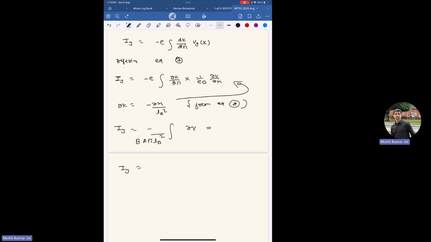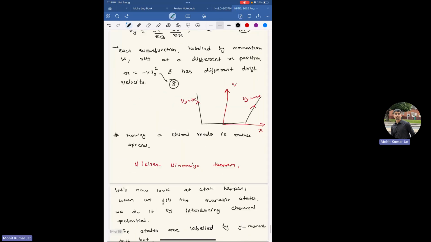So your Iy is essentially, if I write lB under root h bar by eB, minus E by 2 pi h bar times delta V. I think here I have done a slight modification.